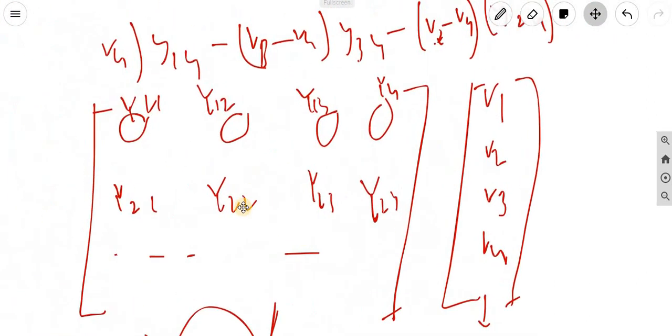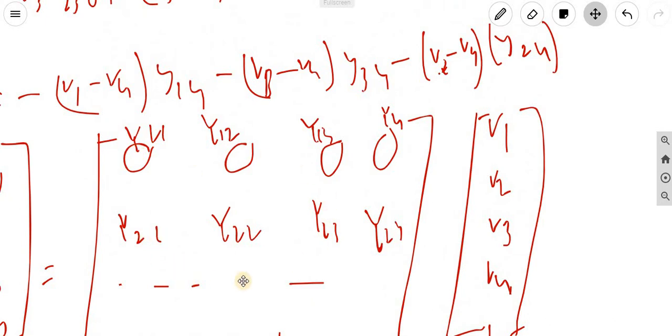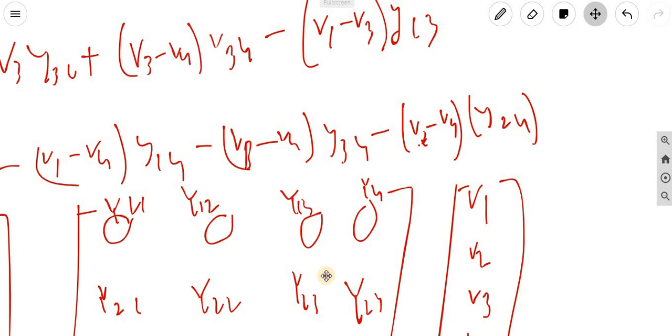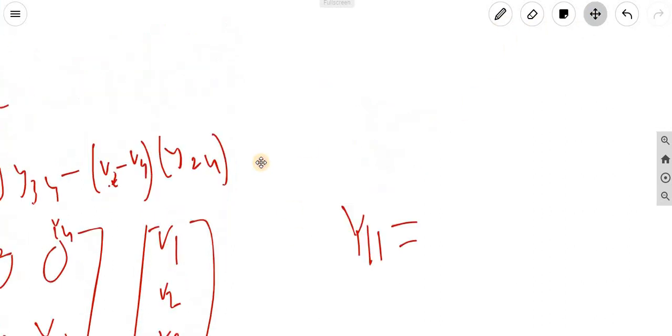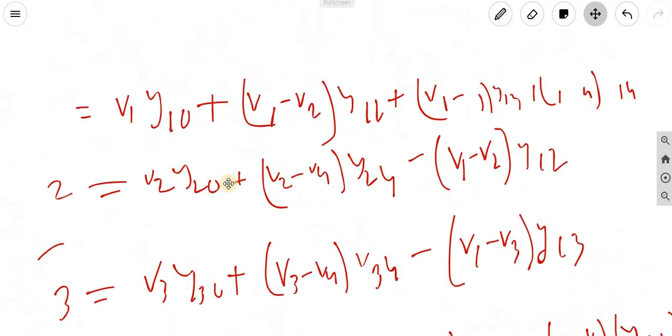Now what are we interested in about these elements? From the matrix, what could we get?